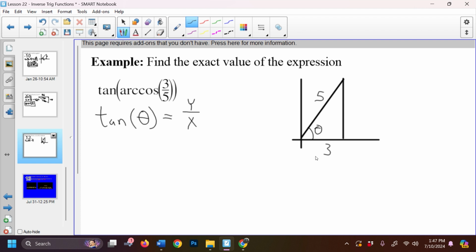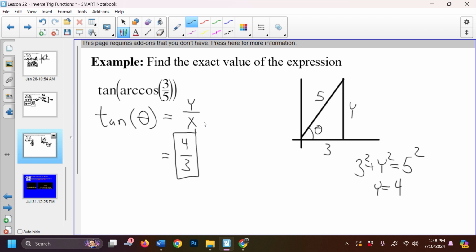I already know what the x value is. It's 3. I just need to know what this y value is. Now we can use the Pythagorean theorem. We can go 3 squared plus y squared is equal to 5 squared. But hopefully by now you've seen, oh, this is a 3, 4, 5 right triangle. You can make that calculation if you want, but to save time, I'm telling you it's 4. I put my 4 in there, and that is my final answer.